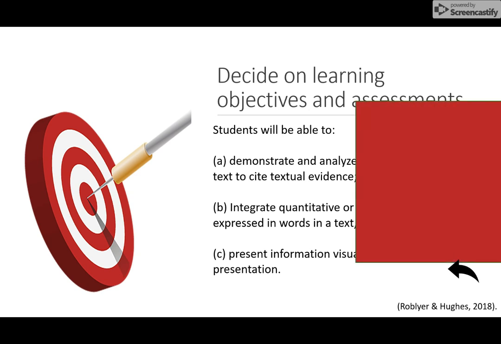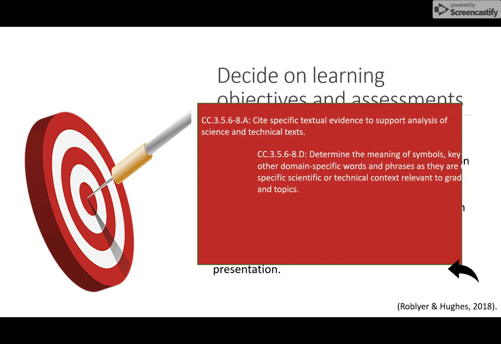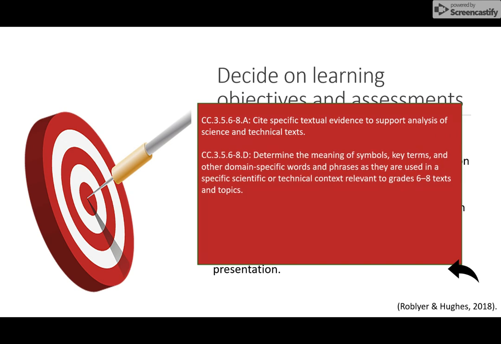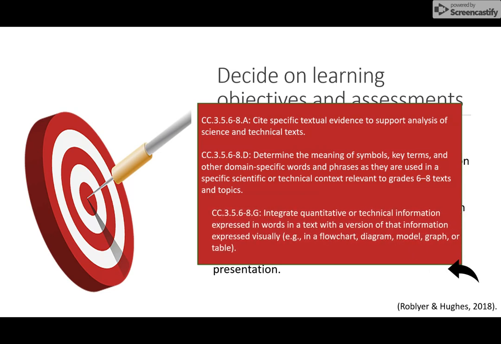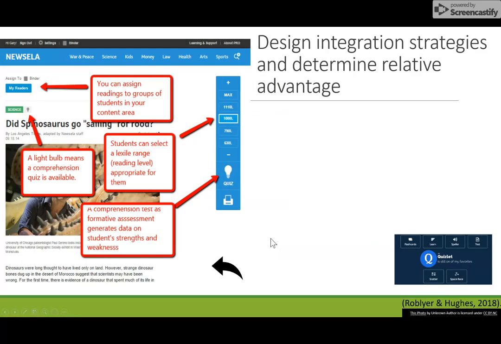The objectives that we have look like these three, very similar to what we have listed in our SLO: textual evidence, vocabulary, domain-specific words, and then expressing the information in a visually appealing way. As we move on to putting this environment together, we have these two tools.